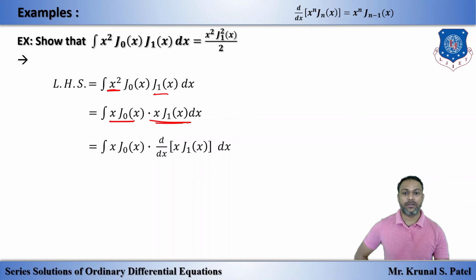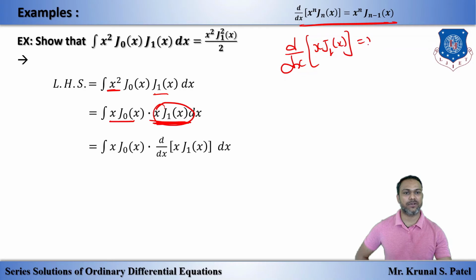Because we have the recurrence relation for this, and we have the basic identity. So d by dx of this gives you this one. If you put n equal to 1, then x J1 of x is equal to x J0 of x. So the derivative of this is this.